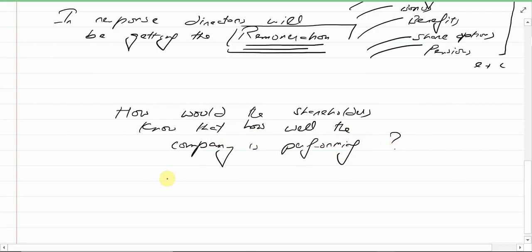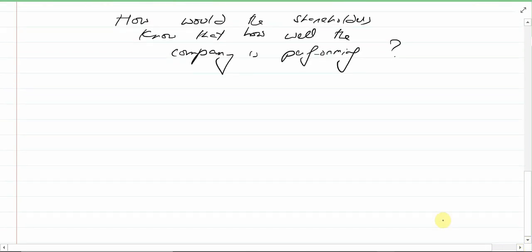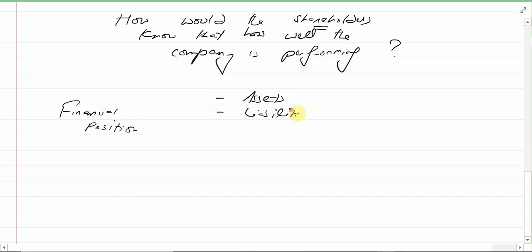Because they are sitting outside the organization. Directors are running the company, shareholders are sitting outside the organization. So how would the shareholders know regarding the position? Position means the financial position of the company. Whenever we talk about the financial position, that means how many assets the company possesses, how many liabilities are there, and how much is the equity.